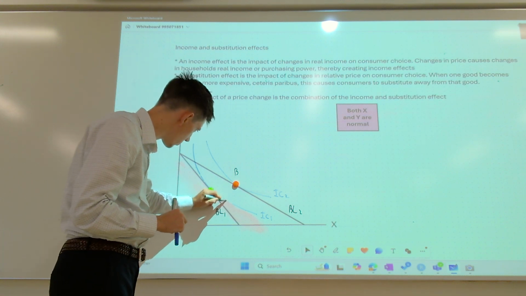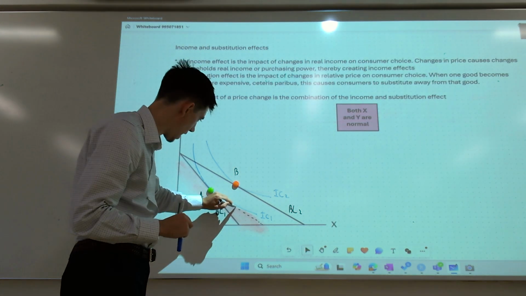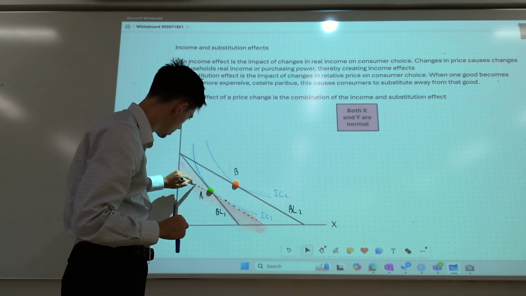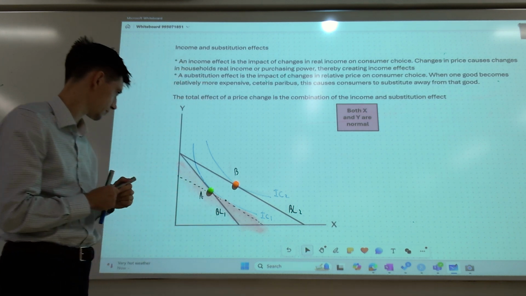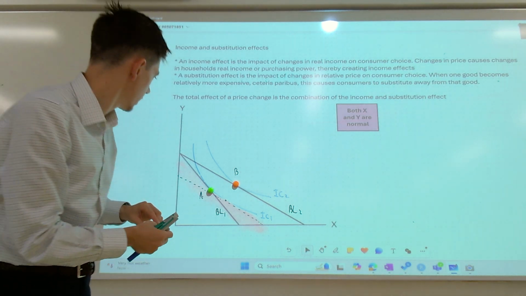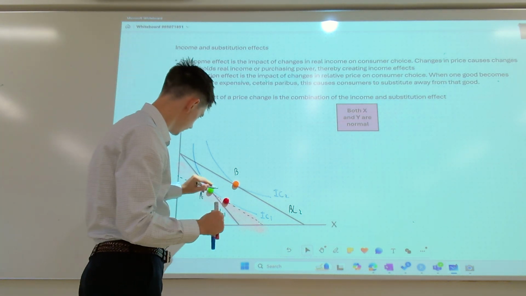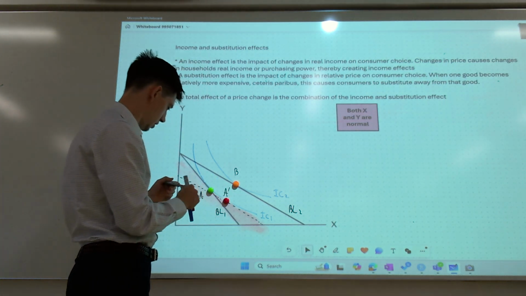So let's put a point here like this. Let's draw a line which is parallel to the new budget line, okay? And let's think about what that means, right? So effectively, what we are doing is, let's call this A dash.